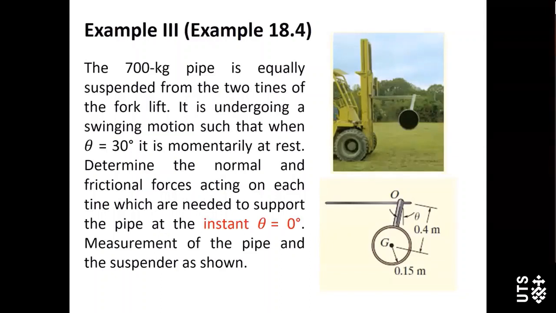The principle of work and energy may be adopted as a part of the solution in some problems. For example, in this problem, there is a pipe suspended from the two tines of a forklift.